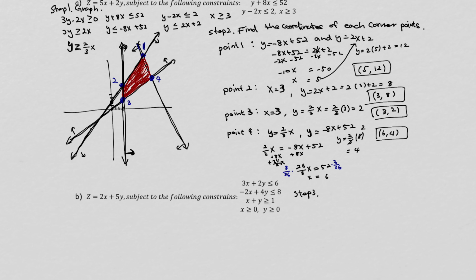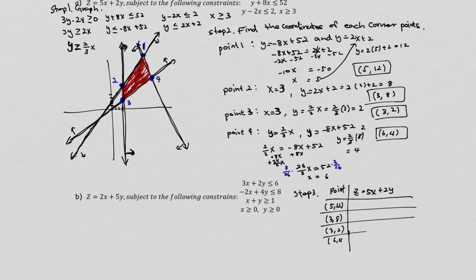Okay, so we will plug into the equations. Let's try that. So we will have the points, and we will test them in the objective equation, 5x plus 2y. The first point we will try is 5 and 12, and then 3 and 8, 3 and 2, and 6 and 4, right? In order.